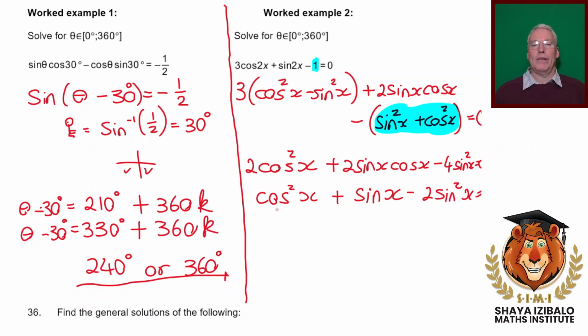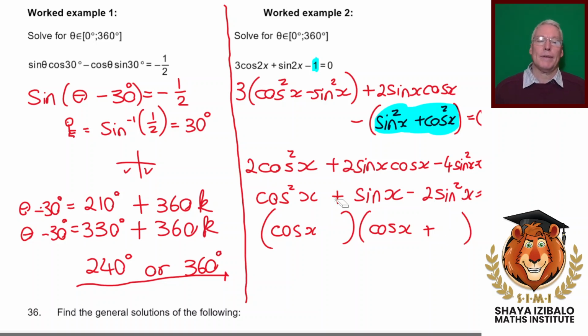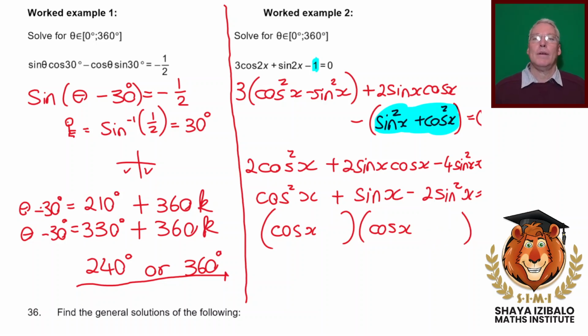Okay, I think this can actually work. I think we need to go cos x and cos x, and then we need to go plus 2 sine x and minus 1 sine x.